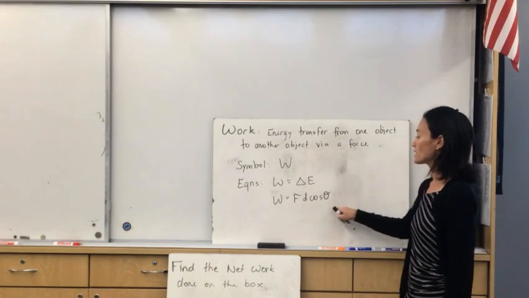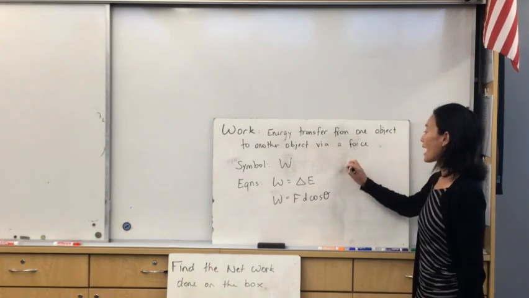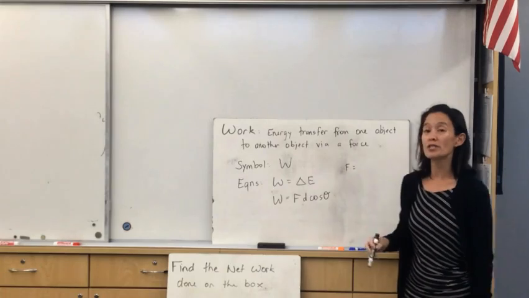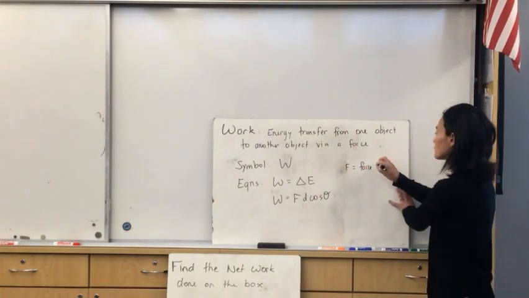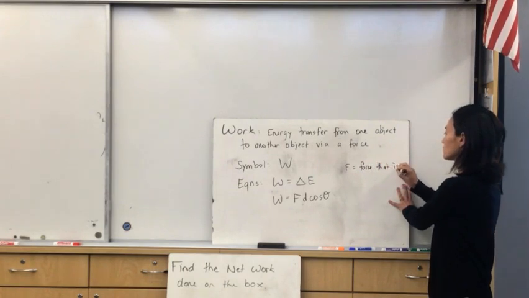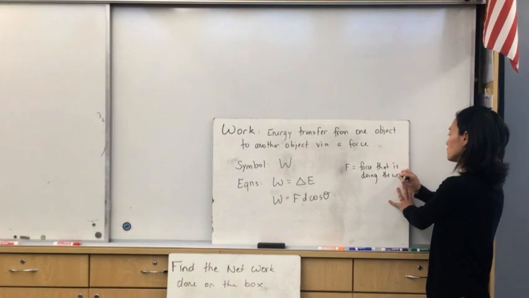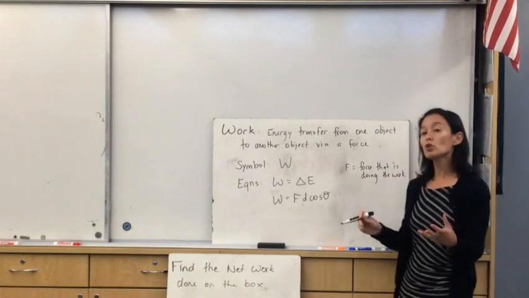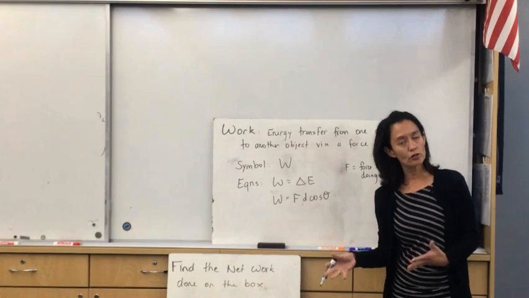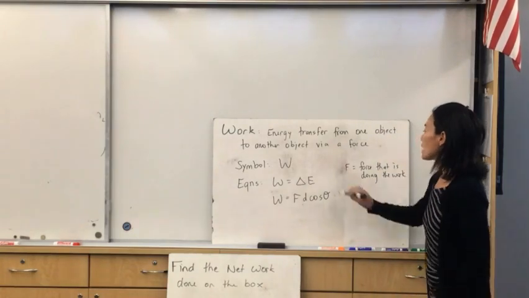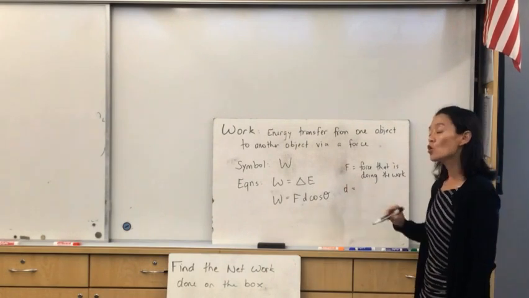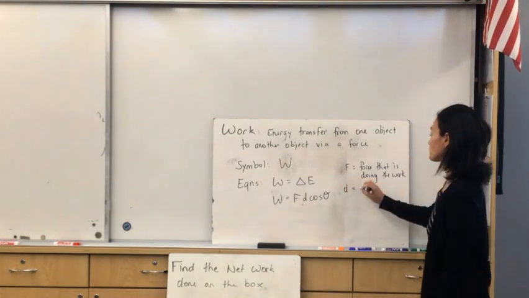Let's talk about what these things are. F is the force that is doing the work. We will look at the nuances of the work done by a particular force versus the work being done by the net force acting on the system. d is the distance over which that force is being exerted.